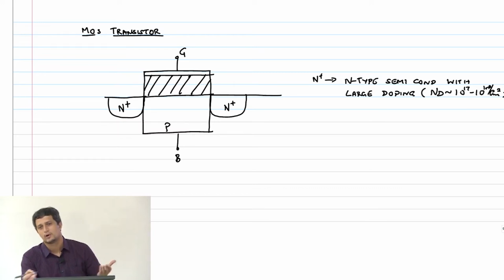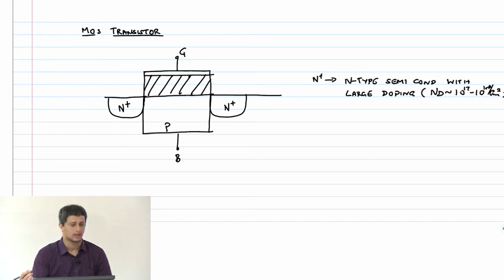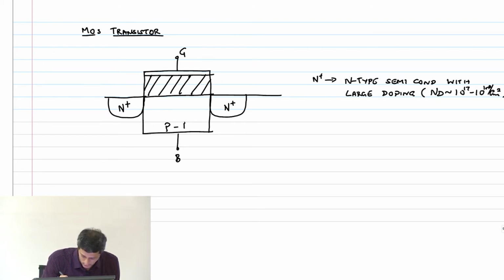That is 2 to 3 orders of magnitude more than the substrate, or the bulk. This is basically my bulk or body again. So this concentration is Na, this is Nd, and so on.